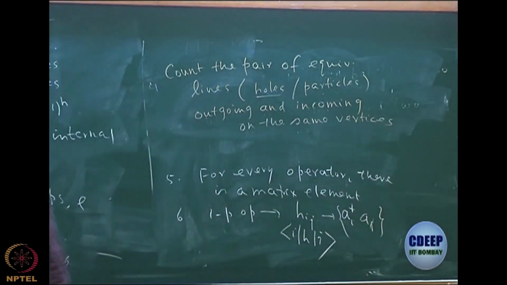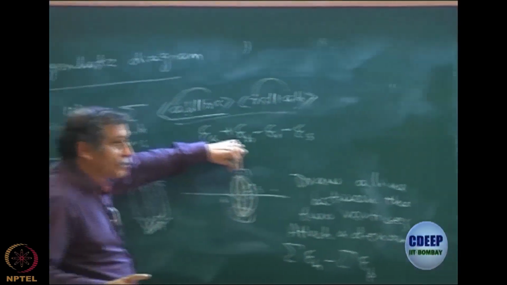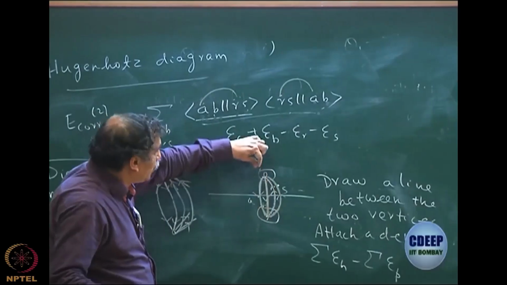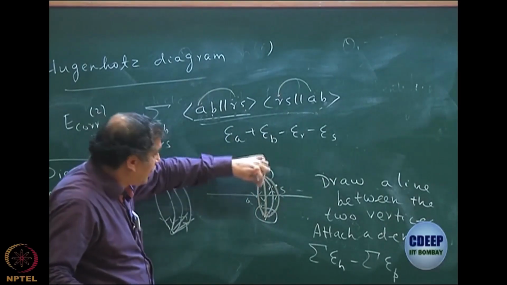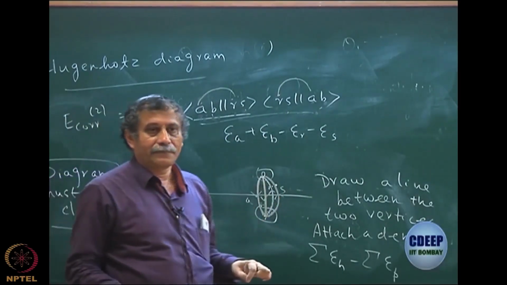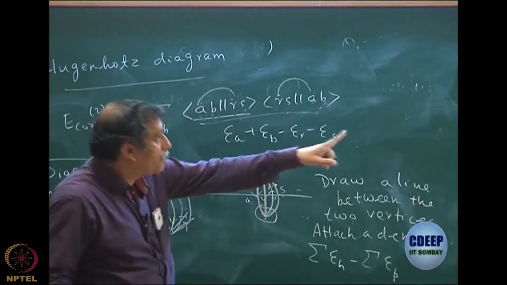So now tell me how many equivalent lines are there. If you look at A and B, that is an equivalent pair of lines. 2 lines which are both holes, starting from this vertex, ending at this vertex. Right? So that is one pair.